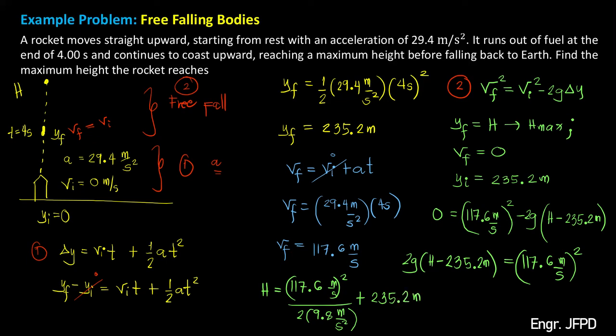And by that, therefore, the maximum height the rocket can reach, let's input this equation on the calculator, is equal to 940.8 meters. And take note that this height is measured from above the ground, so this is 940.8 meters above the launching point, or let's say above the ground.